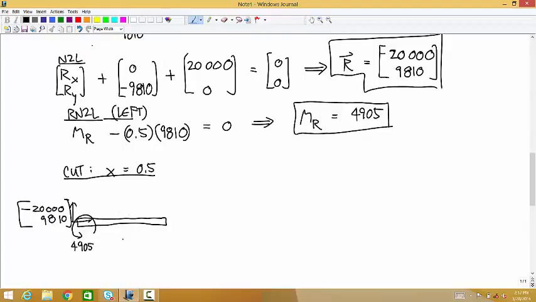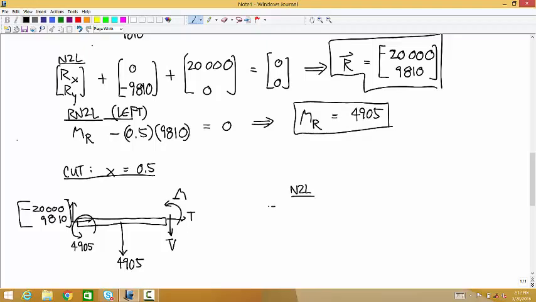Then there's the weight. Since we're looking at half of the beam, it's going to be half of the beam's weight acting right at the midpoint. So that's 4905. And then the internal loads, T, V, and M. I'm going to leave off the torsion because there's nothing going on about the x-axis. It would just be 0.